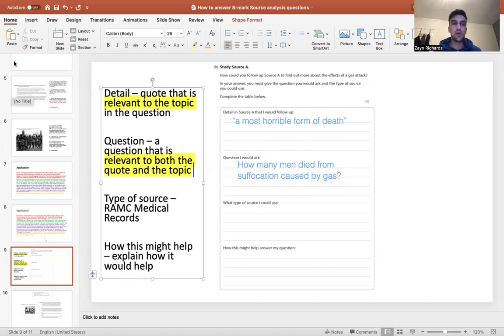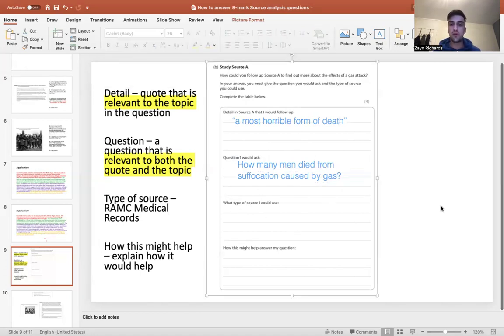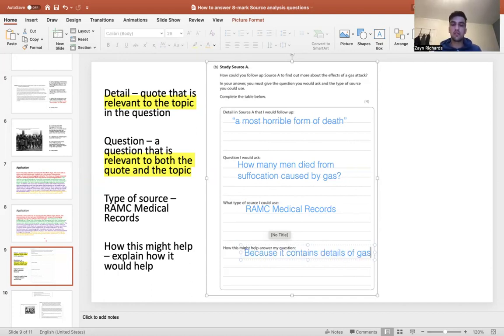Now, the source that we use, we always use the same source, which is RAMC medical records. And then my explanation is always going to be quite similar. So we just give a brief explanation: they're helpful because it contains details of gas attack victims and would have recorded the number of deaths and the circumstances in which they died.